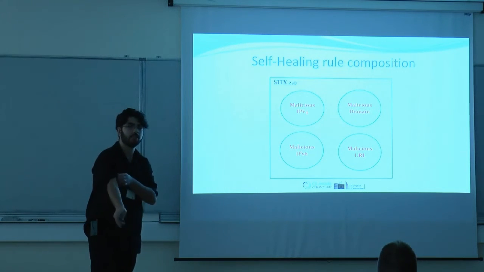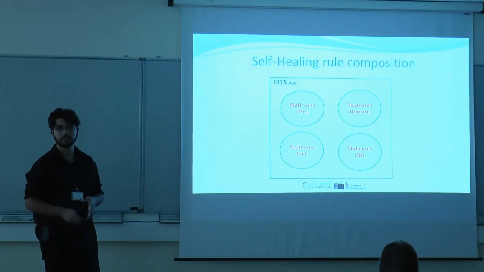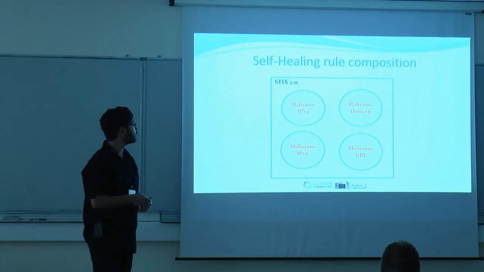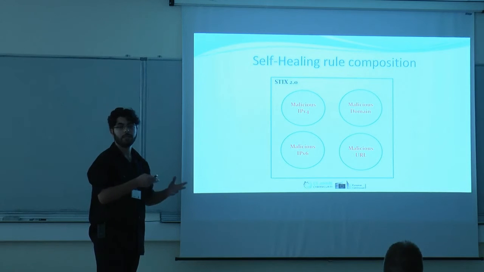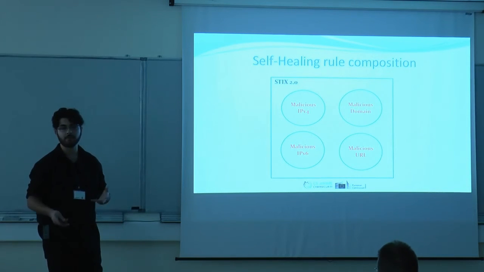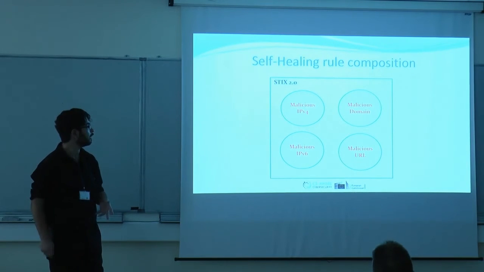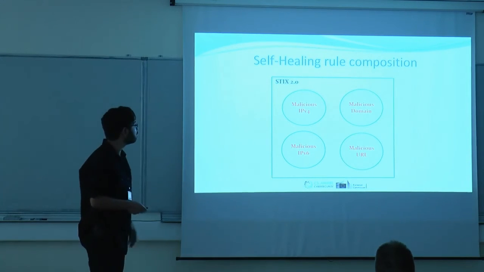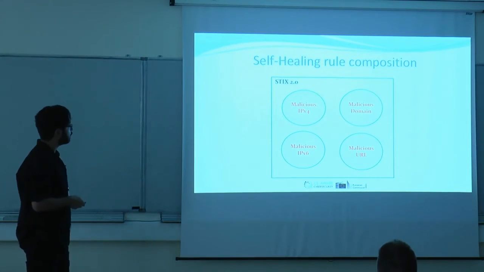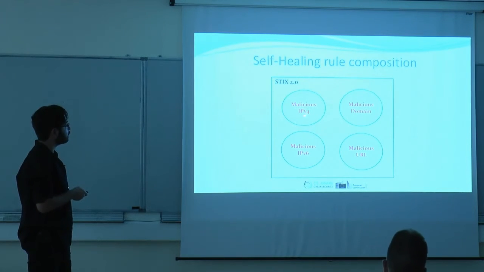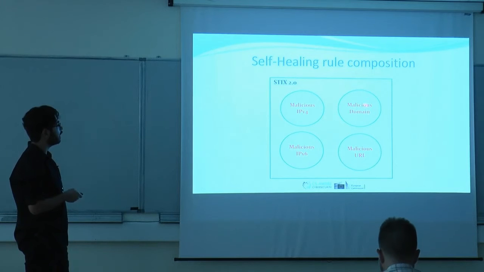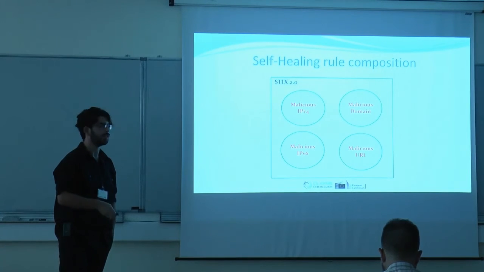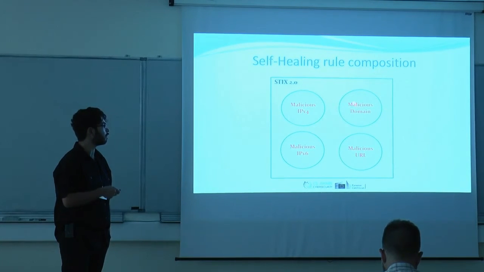So what is STIX? STIX is actually JSON, and it's a language which is used in order to describe the behavior of a threat and other stuff. We have malicious IPv4 addresses, malicious IPv6 addresses, malicious domains, and malicious URLs. We mitigate threats that come from all these four, which are noted here.